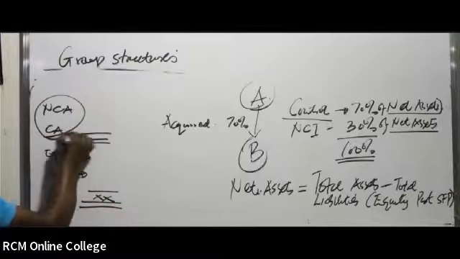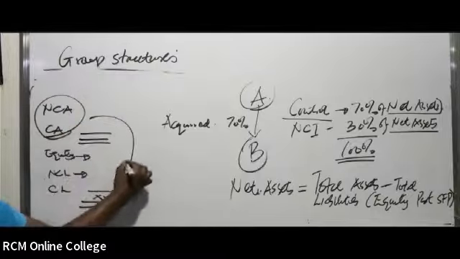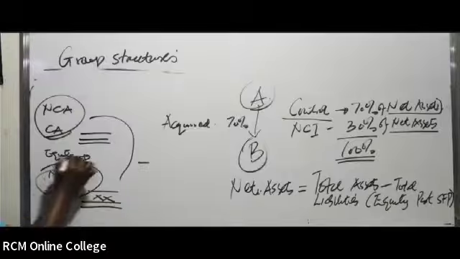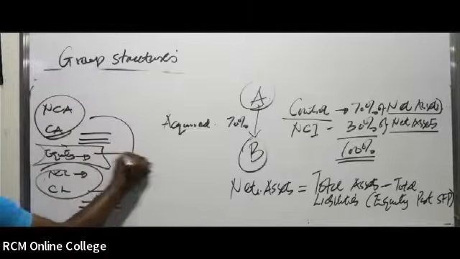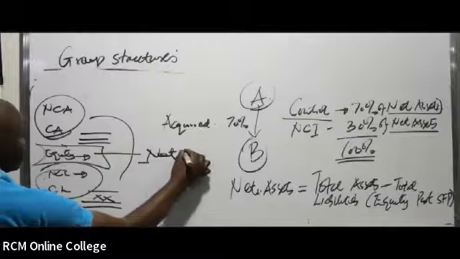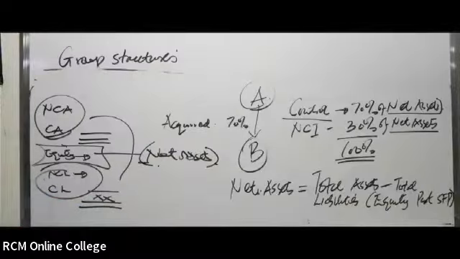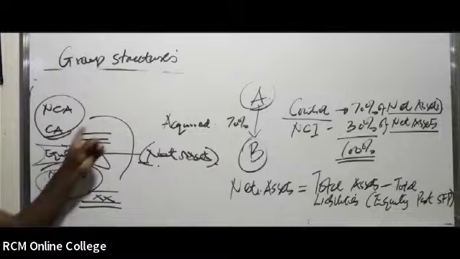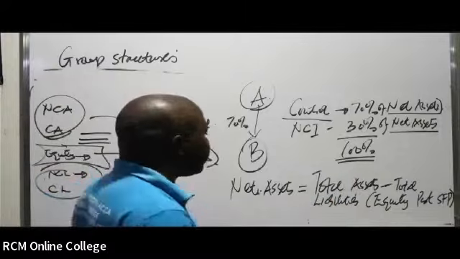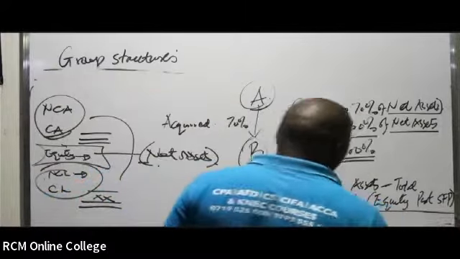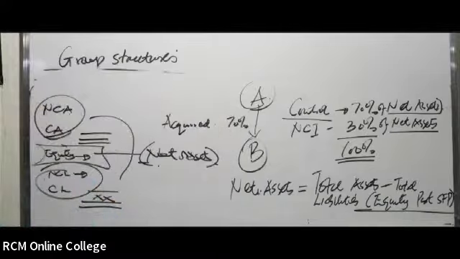If we take these ones and minus these ones, we remain with this. So this is the equity, the net assets. These are the net assets that are acquired by the parent company. So when you take total assets minus total liabilities, you remain with the equity part of the statement of financial position.